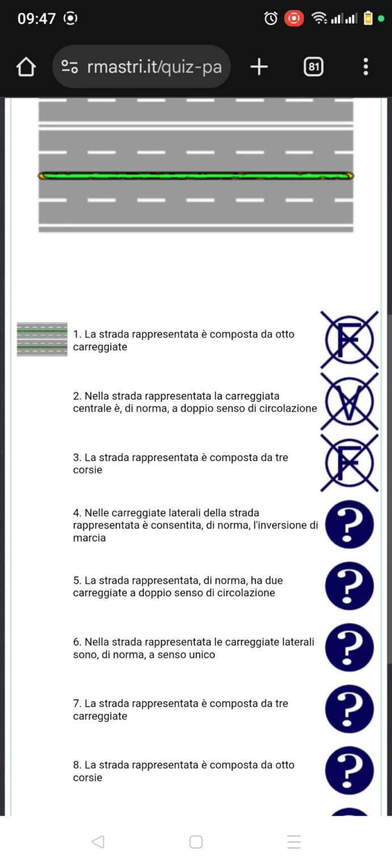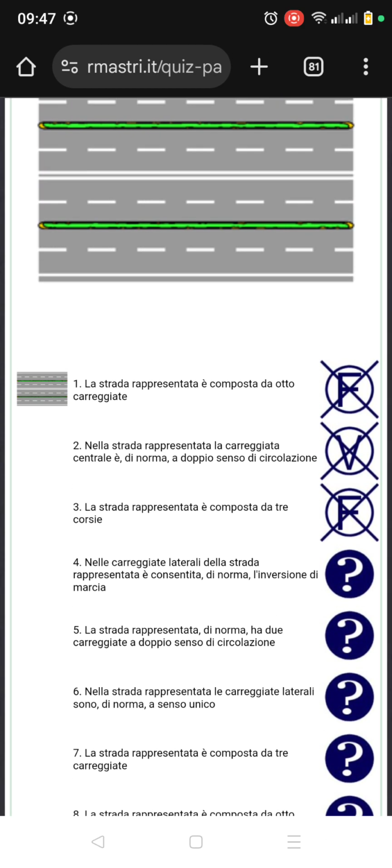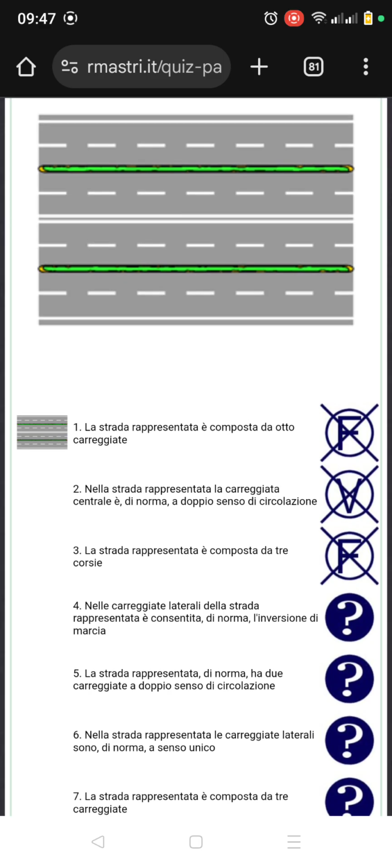So this question, number 4, is saying the carriageway by the side of the road is allowed normally U-turn. So the side carreggiata, the side one. No, it's false because the cars are heading in only one direction.